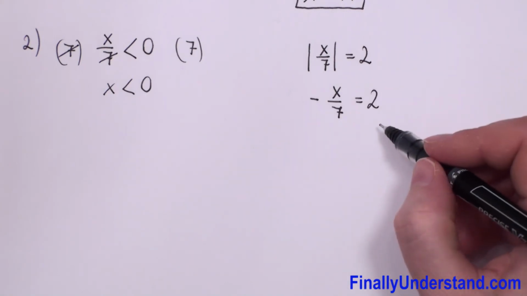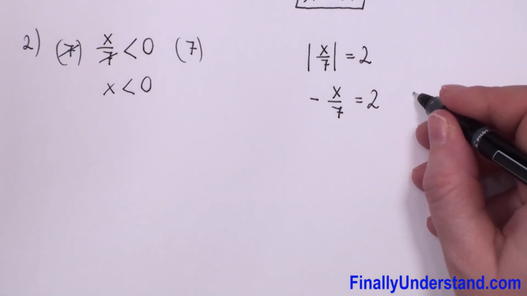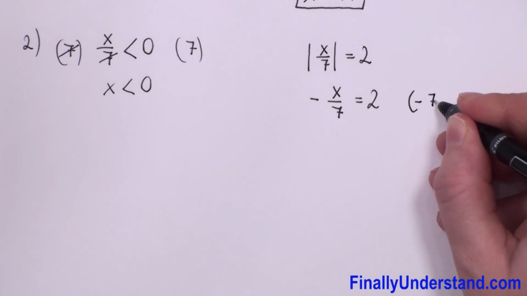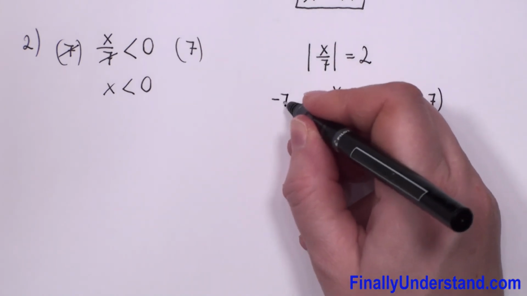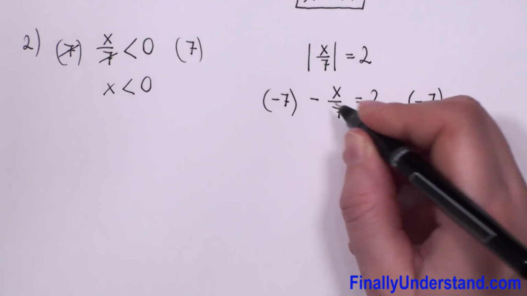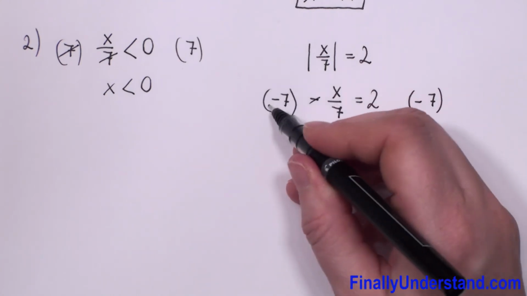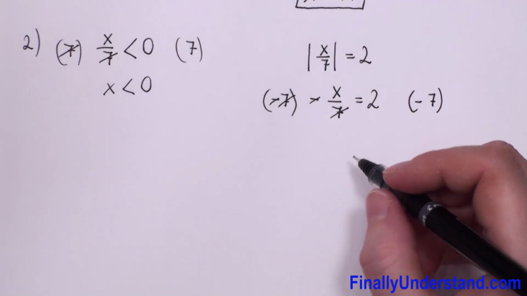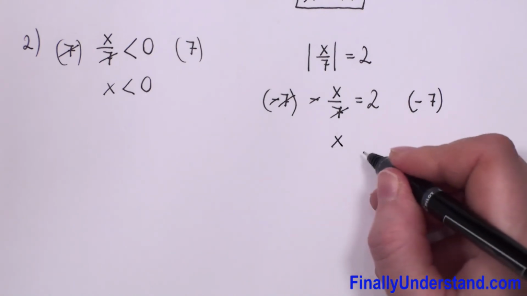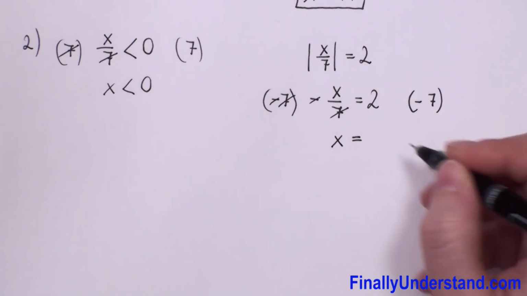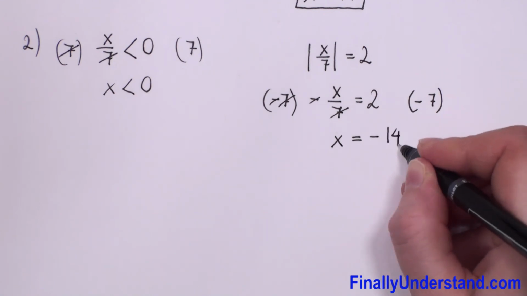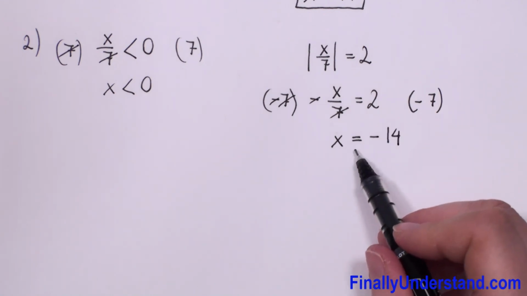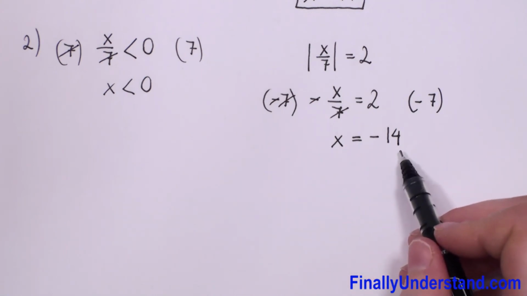What we do to solve this equation, we multiply both sides by negative 7. Negative times negative will cancel, and 7 and 7 will reduce, so we have x equals negative 14. Now we have to check if this solution is correct.